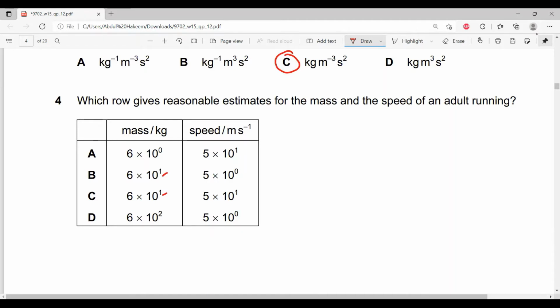So the answer for question 4 will be B, because this is 5 times 1, 5. So do remember, the mass of the adult is 60 to 70 on average, and the speed of the runner can be from 4 to 9, or maximum 4 to 10 meter per second. You have to remember the estimations.